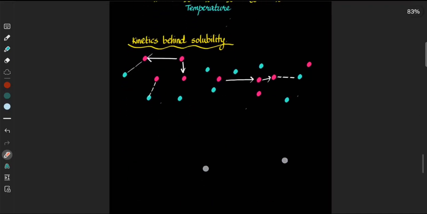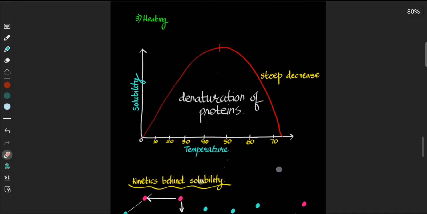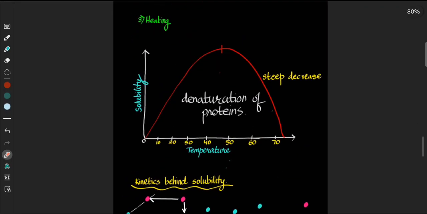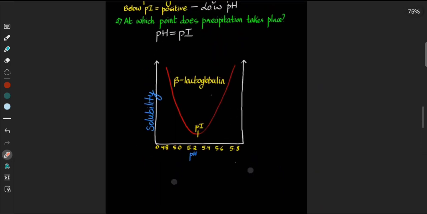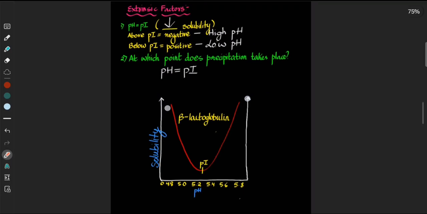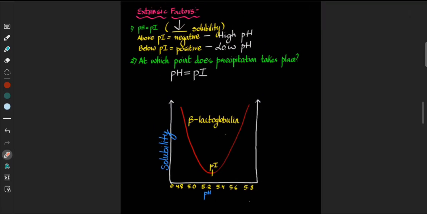So we learned about kinetics, and then we learned about what happens when a protein is heated, and after a certain point, it completely denatures, and then the solubility decreases all of a sudden, right? Then we studied the isoelectric point. The isoelectric point is actually the particular pH at which a molecule will lose its charge, and then the precipitation will take place, right?